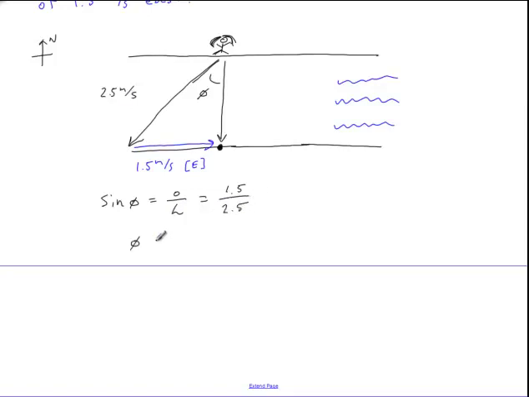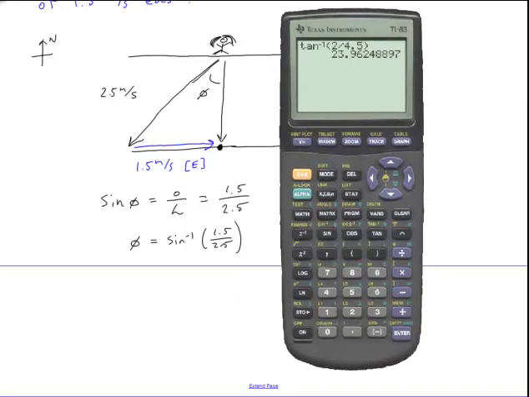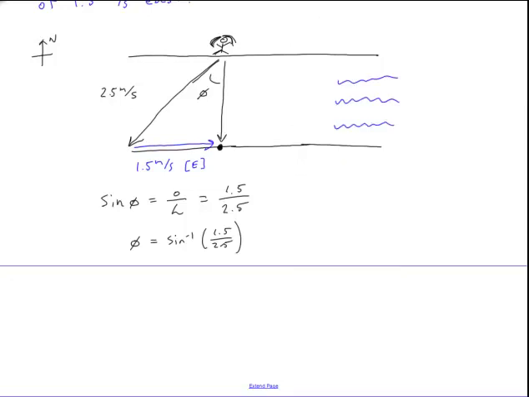So we rewrite this for theta. It equals sine inverse of 1.5 over 2.5. And now we use our calculator. Sine inverse of 1.5 divided by 2.5 gives us 36.87 degrees.